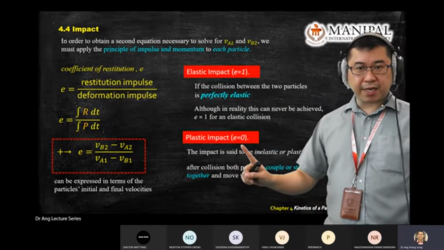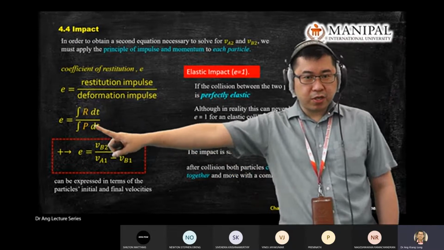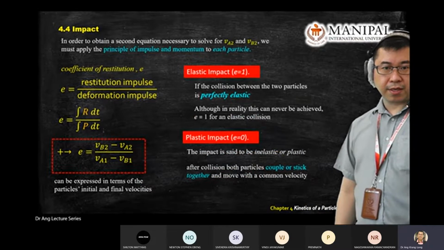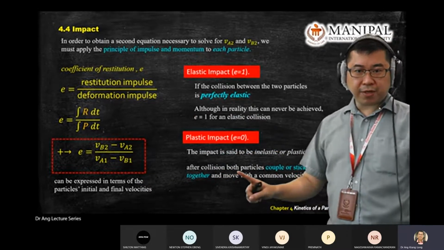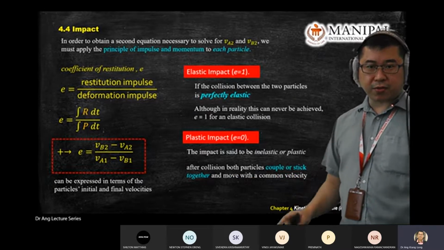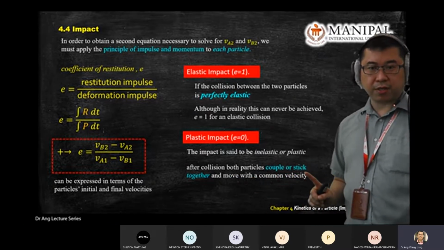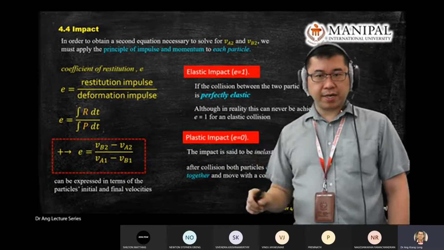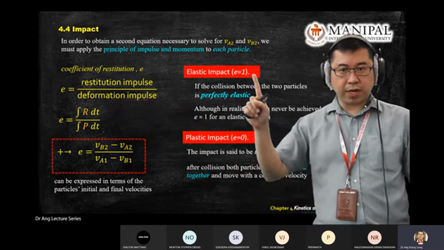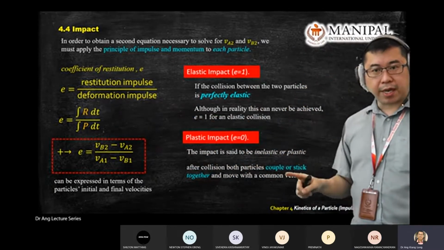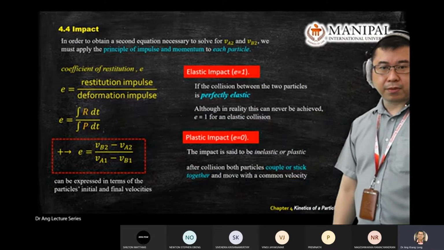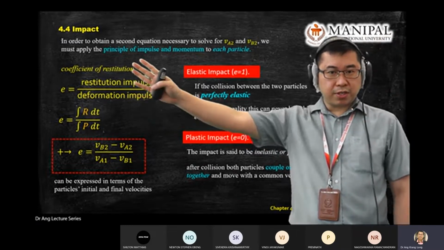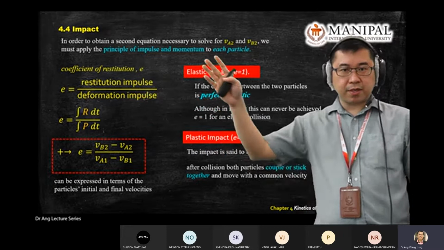What I mean by plastic impact? When your coefficient equal to 0, after collision, they stick together and move in a common velocity. So it can be between 0 to 1, this value. Just for info, there's a difference between what happens if your restitution equal to 0, and what happens if restitution equal to 1.